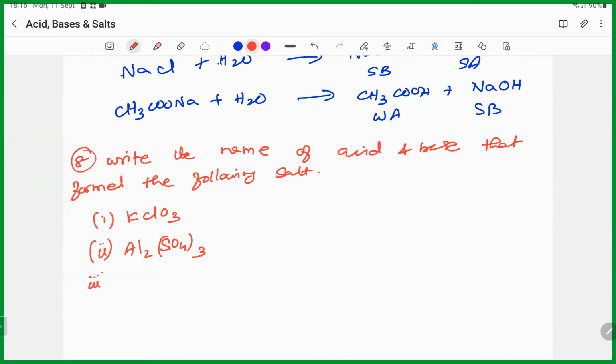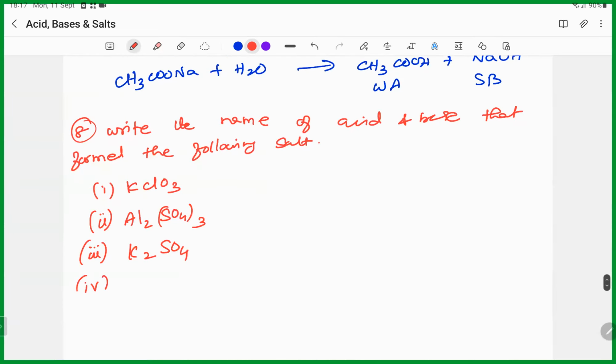Number 3, K2SO4. Number 4, ammonium nitrate. First one, how will it form? Which acid would it have come from? If the first one is difficult, tell the second one.